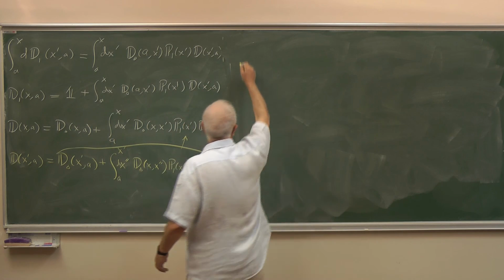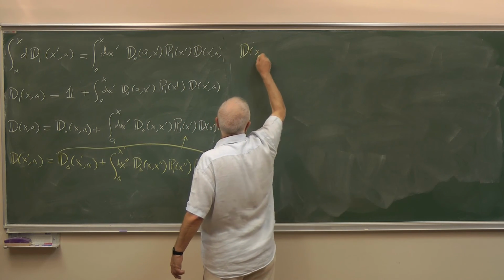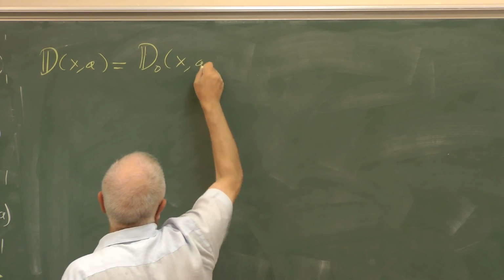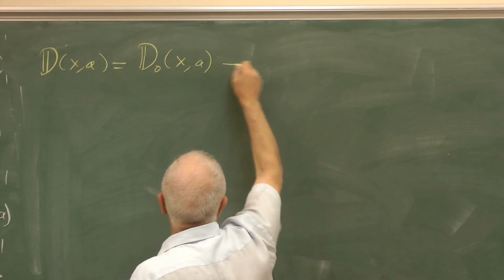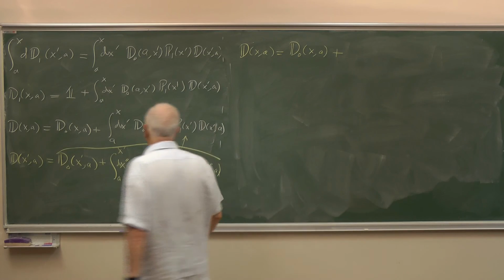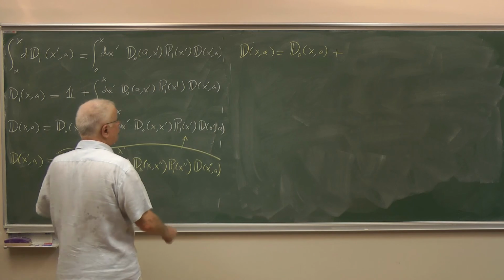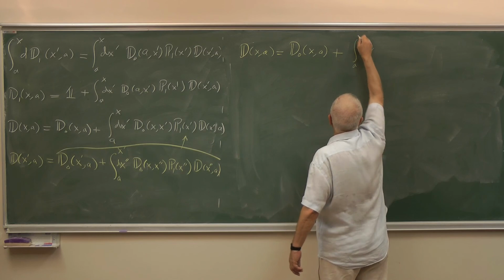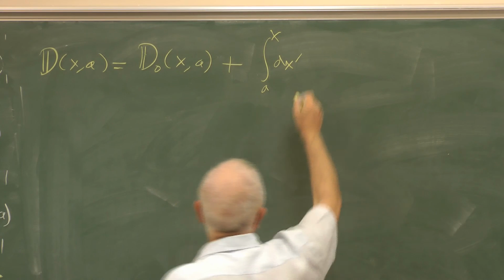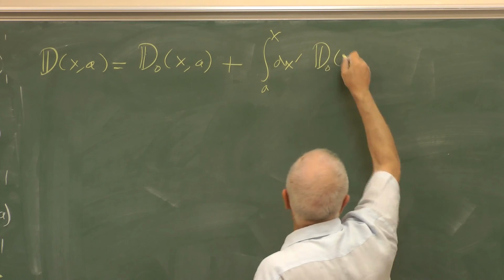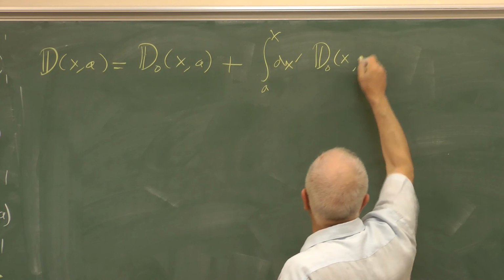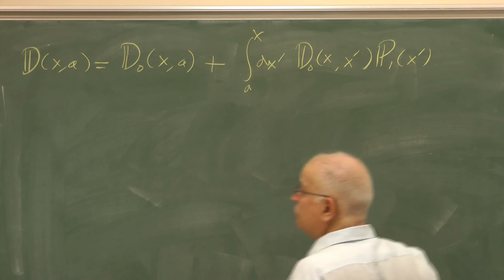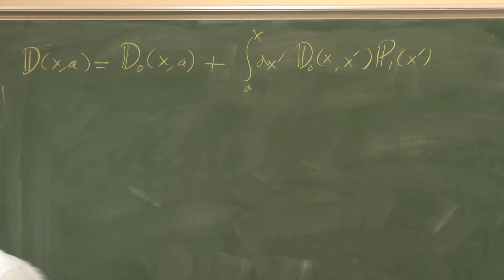So, d of xa equals d0 xa plus this integral. The first term comes first. Integral over x prime a to x, d0 x prime, p1 x prime, then d0 x prime a.